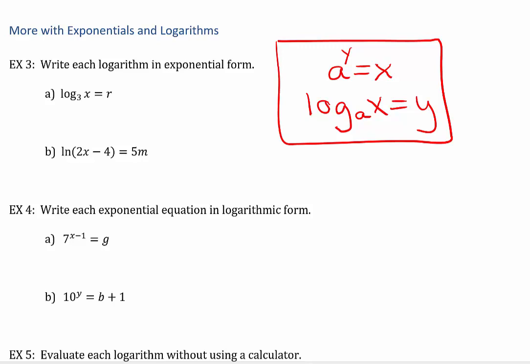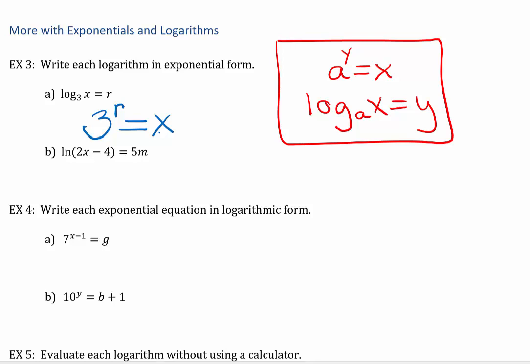And so the first thing I want to do in this kind of quick review is practice rewriting expressions in the other form. So if I have log base 3 of x equals r, in exponential form, let's see, the base is 3. It would be 3 to the r, logarithms always equal exponents, equals x. That is an equivalent exponential form.